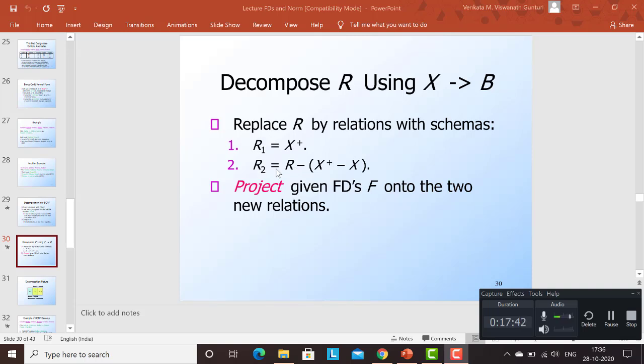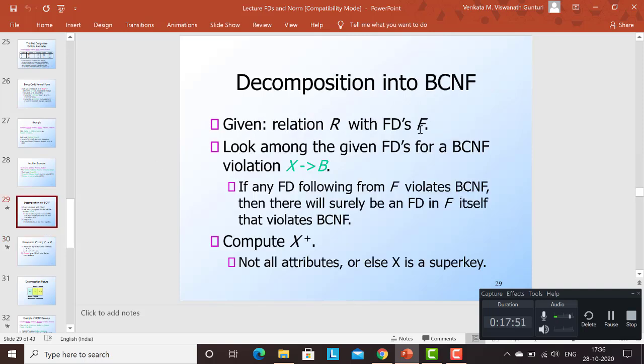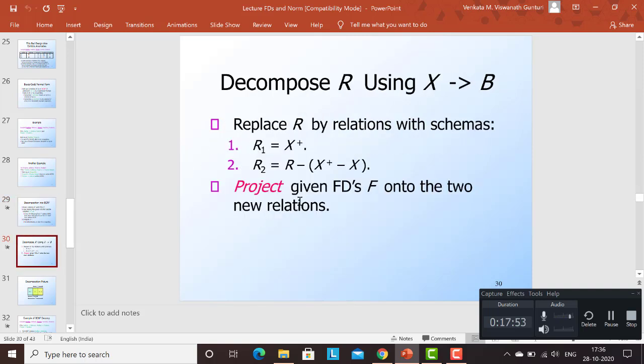So after you create R1 and R2, you project your original input set of FDs F onto R1 and R2. And then the process continues: as long as you keep getting an FD where BCNF violations are happening, you keep doing this process.